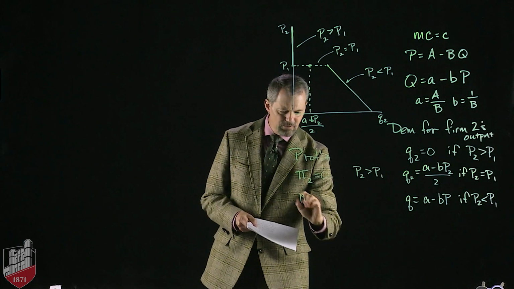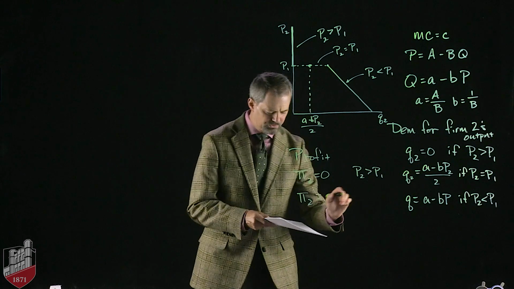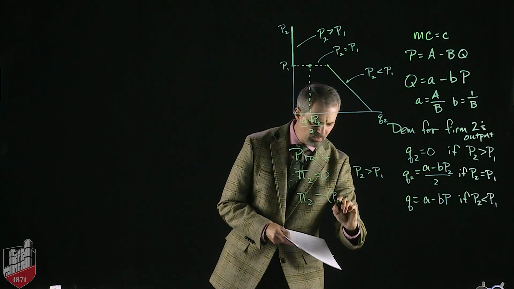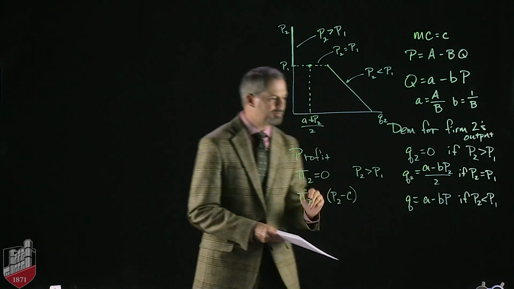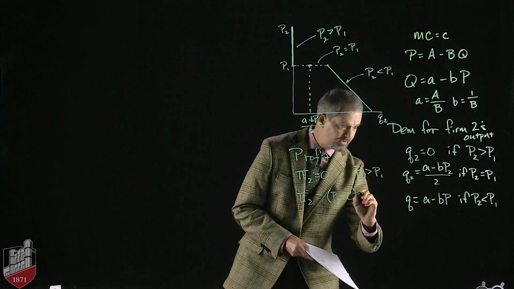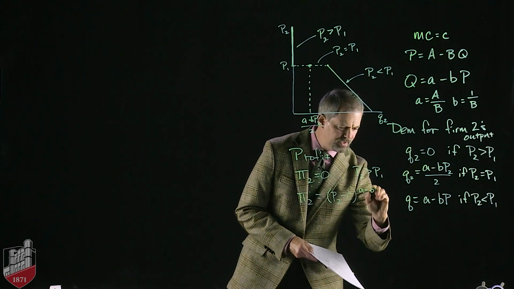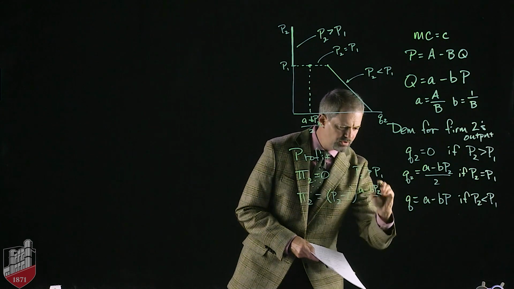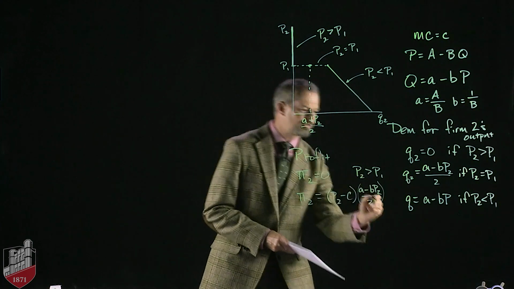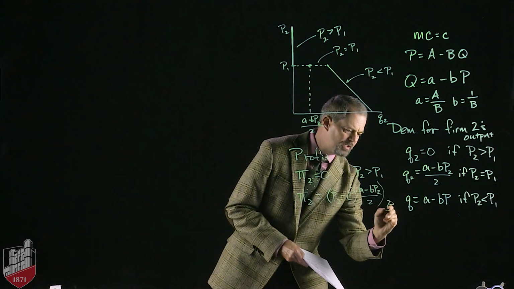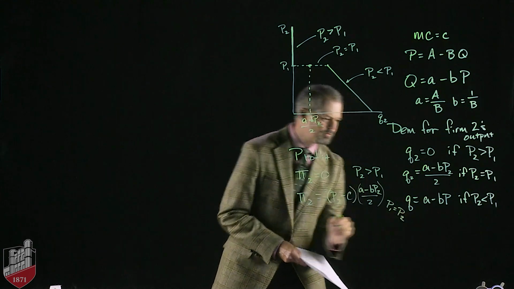The profit for firm 2 would be equal to that difference between their price and their cost multiplied by their quantity. That's going to be multiplied by A minus BP2 over 2. That's going to be true if P1 is equal to P2.